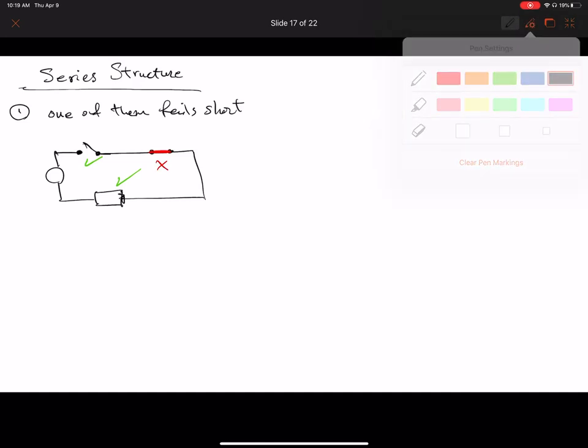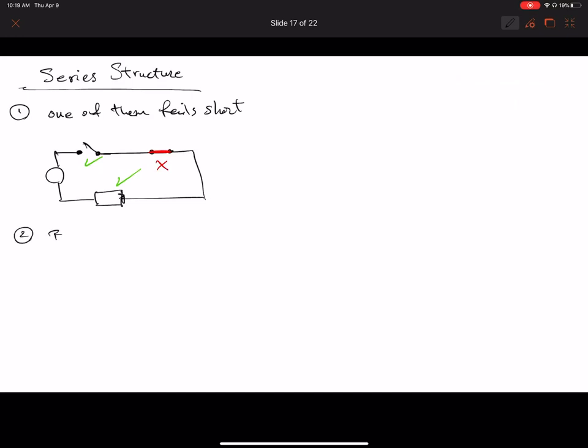Okay, but what if both switches fail short?